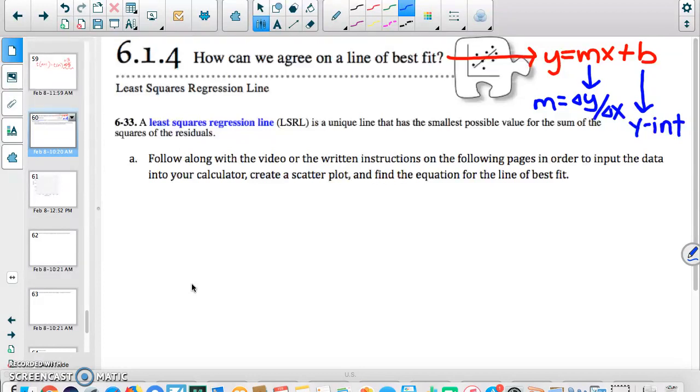So we all were coming up with slightly different lines of best fit. But when we think about what this name really represents, it should be the best, the line of best, most greatest fit. And the fact is, some of our lines weren't the best.